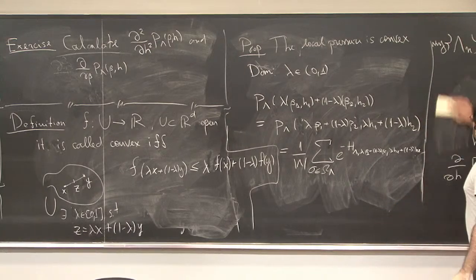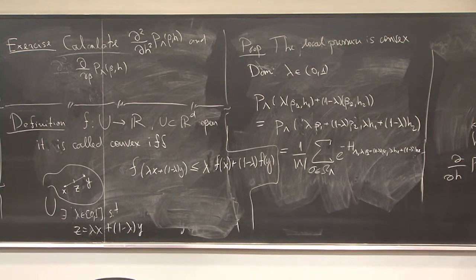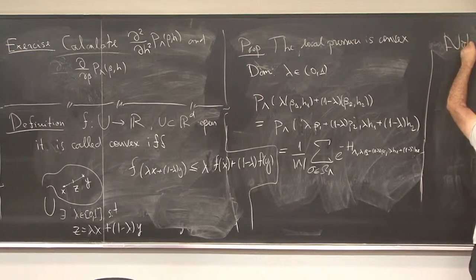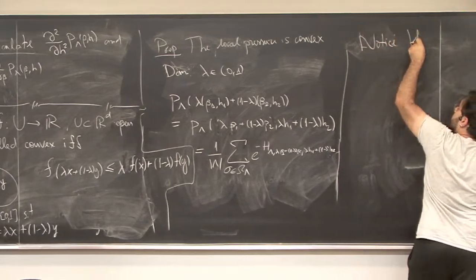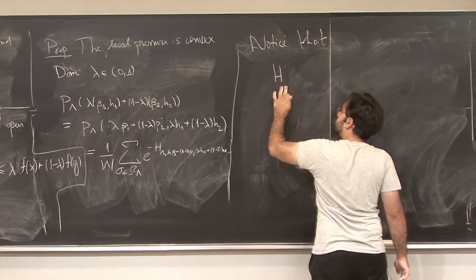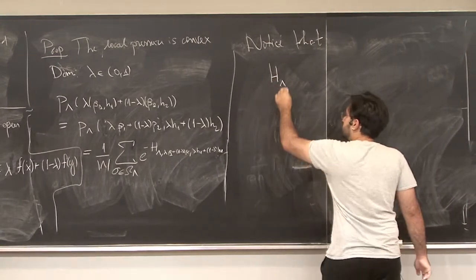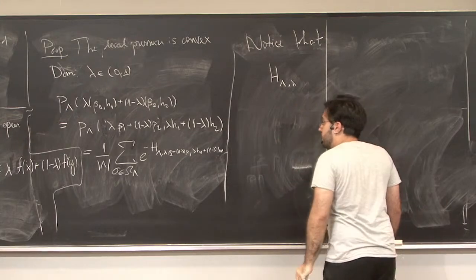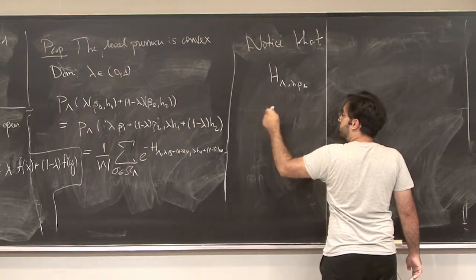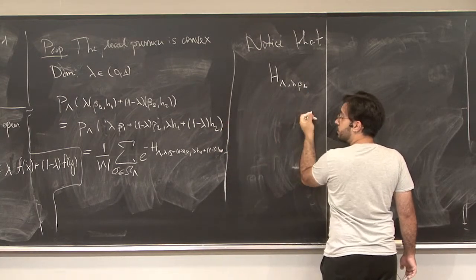But if you remember the expression of the Hamiltonian, you can notice that H splits like that with respect to this convex combination.